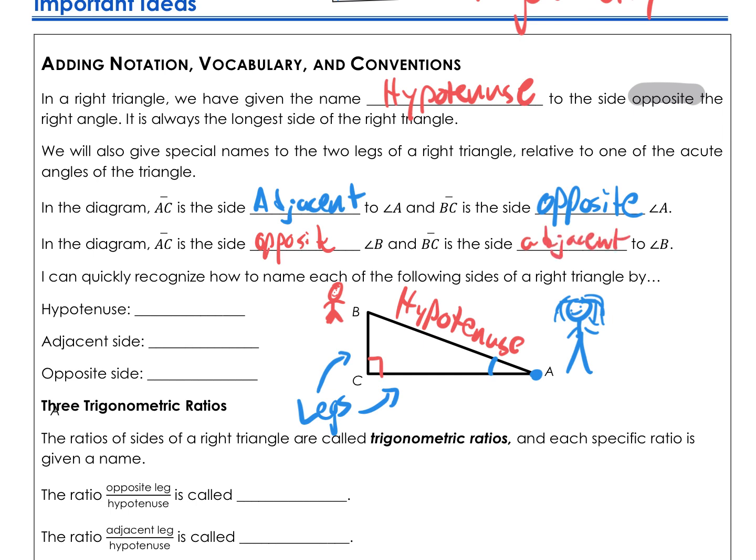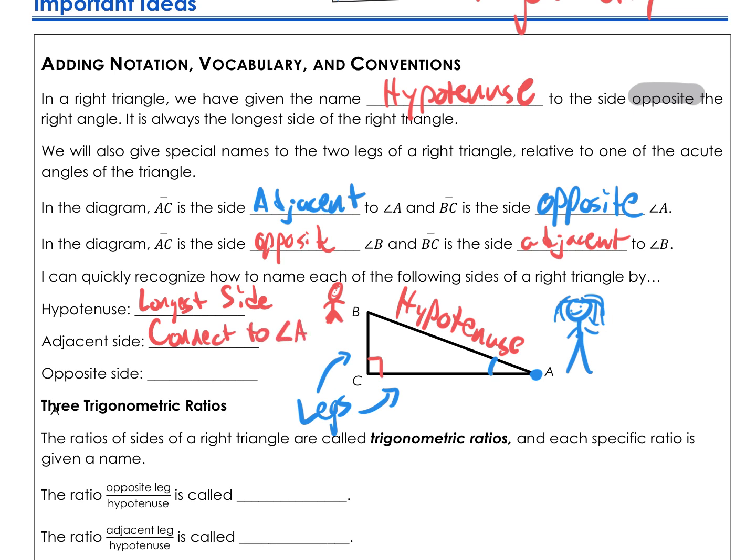Okay? So we need to be able to recognize these quickly here. So the hypotenuse is always the longest side, opposite the right angle. And the adjacent is the leg that is connected to the angle.